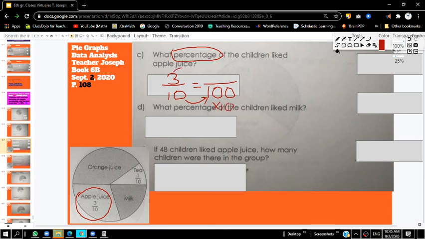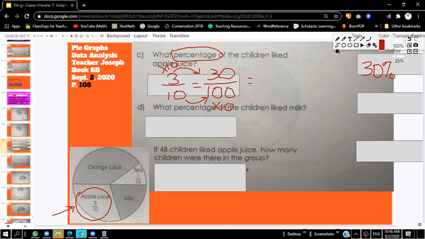So we need to just multiply 3 times 10 to get 30. And I know that 30/100ths equals 30%. All right, so 30% of children like apple juice.